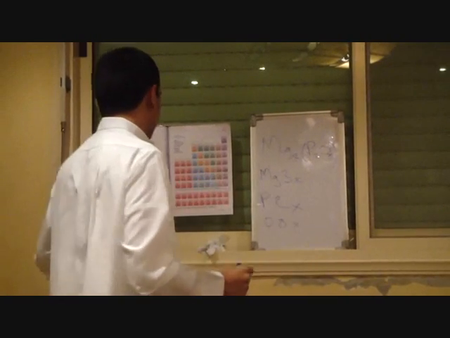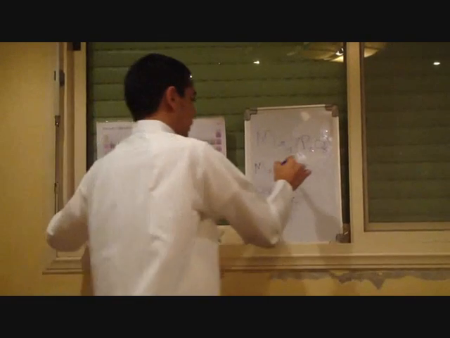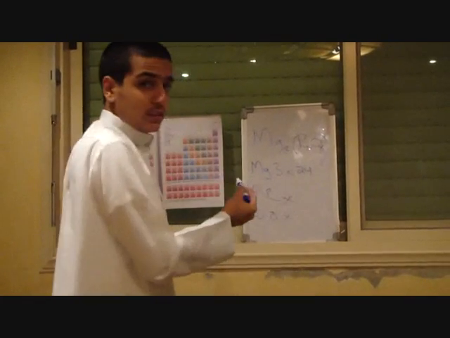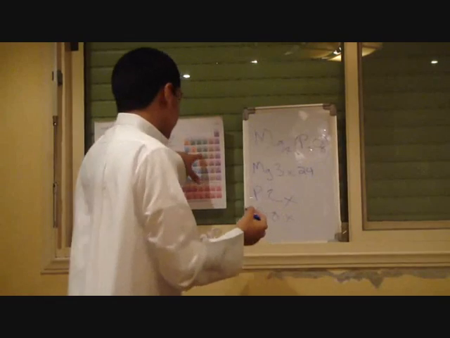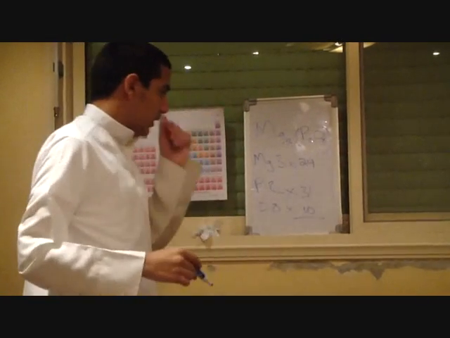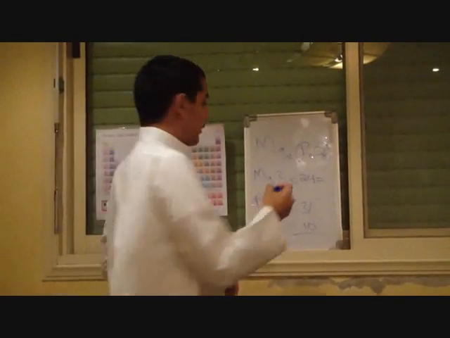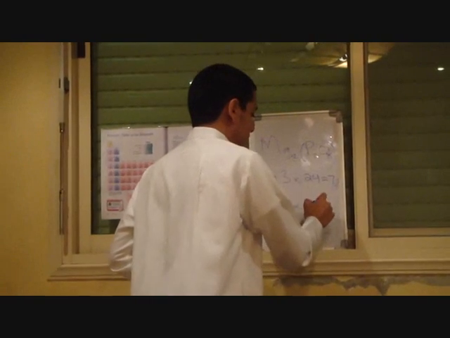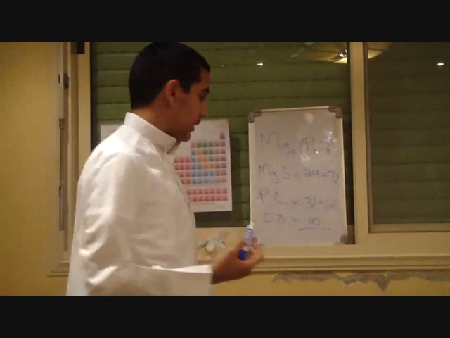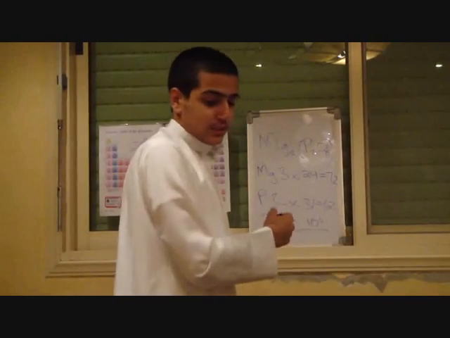What is the molar mass of magnesium? 24. The molar mass of phosphorus is 31, and oxygen is 16. We add them all up: 3 times 24 is 72, 2 times 31 is 62, and 8 times 16 is 128.